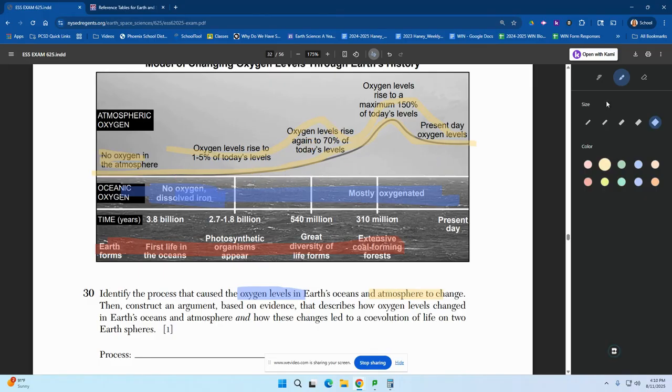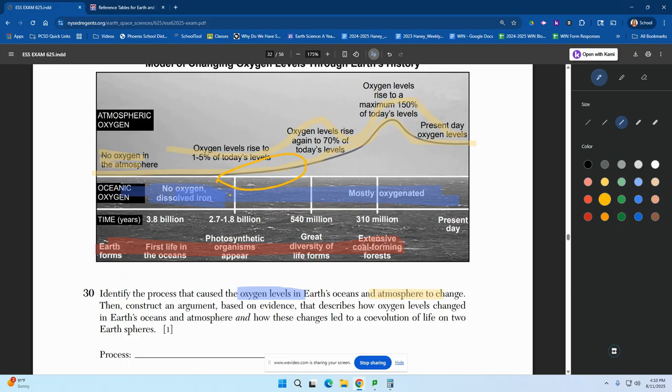In our atmosphere, the change starts to happen right about here. It stays pretty steady, and then all of a sudden you see this rise, and it just continues to rise. And our ocean goes from no oxygen to mostly oxygenated. So this is where our change happens.